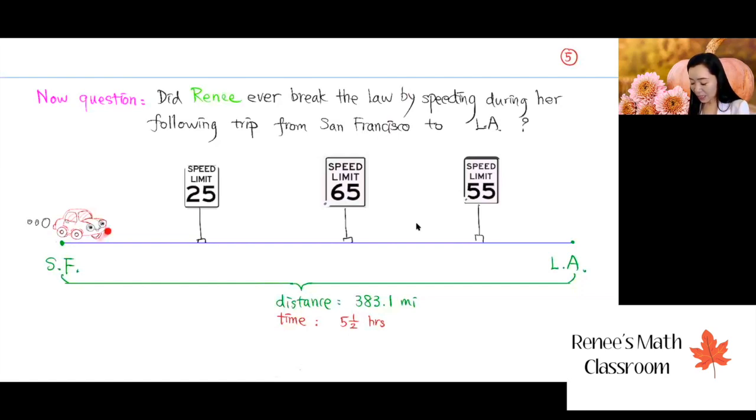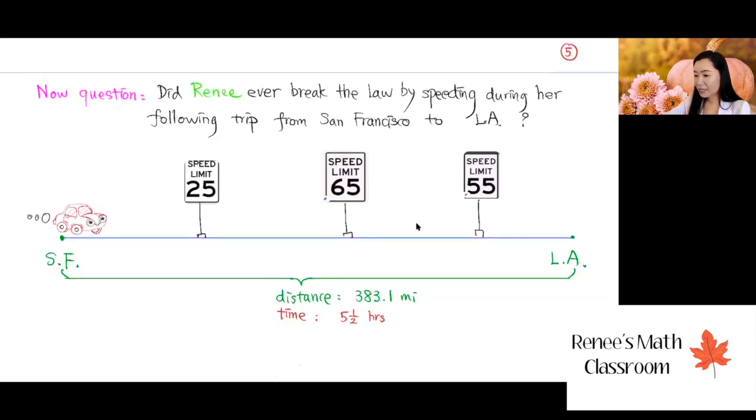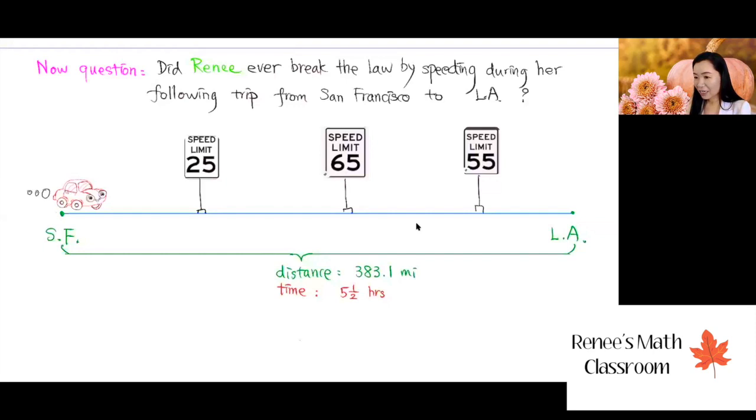All right. So we can actually prove that. Let's find out. Use the mean value theorem here. This is the distance, that's the time. Let's find the average velocity for this whole trip. What was my average velocity? To find average velocity, we use the distance divided by the time.